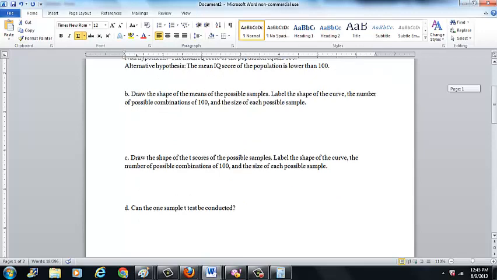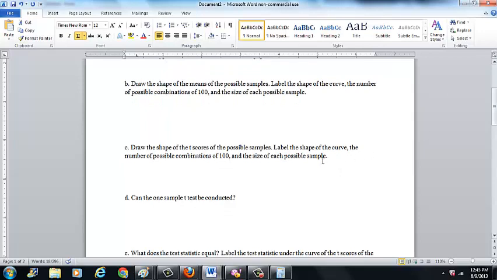So we know what the shape is. We labeled the shape of the curve. We labeled the number of combinations, and we labeled the size of each sample when we put the sample size inside each box. Questions B and C work the same way that they did in the last question we did.